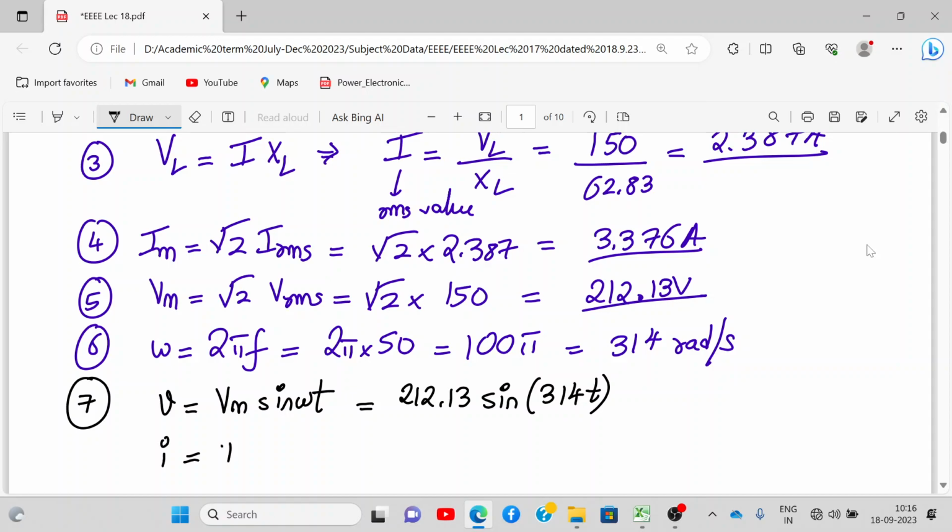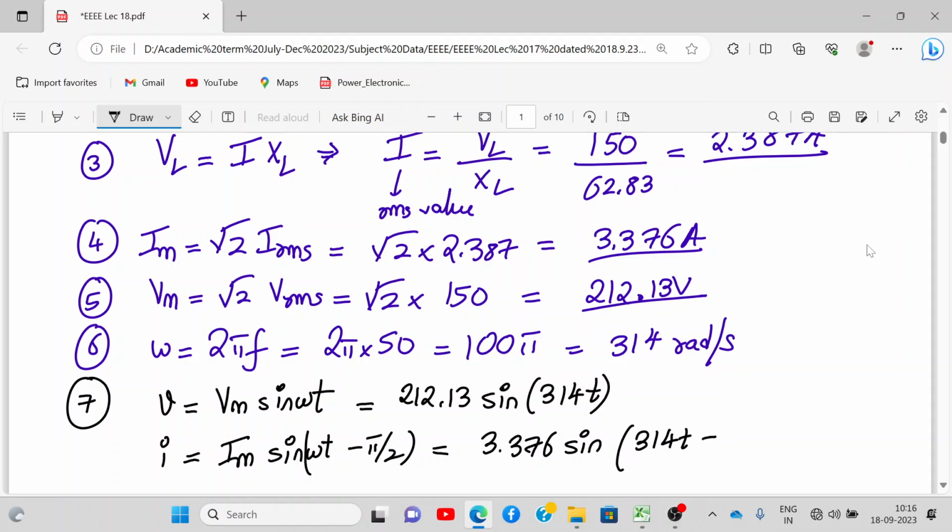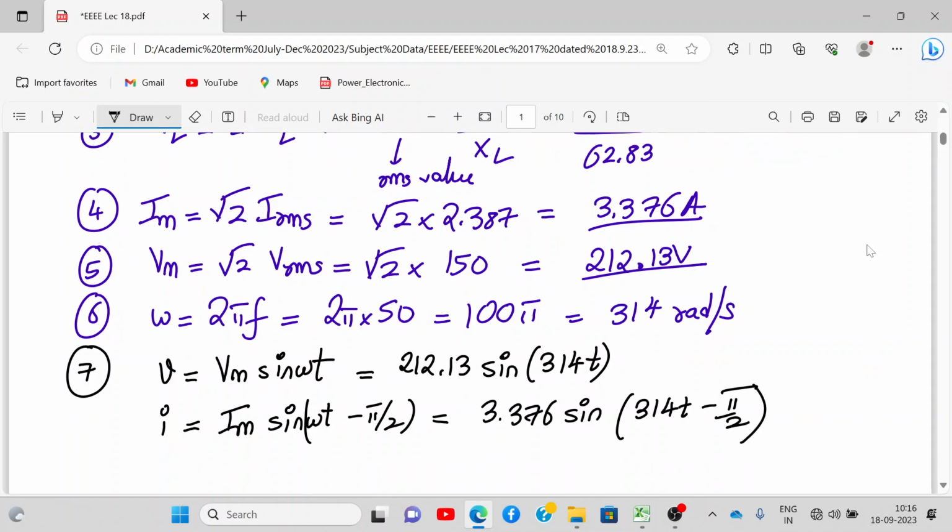Similarly, the I expression will be Im sine of omega t minus pi by 2, so it will be 3.376 sine of 314 t minus pi by 2. These are my expressions of V and I.